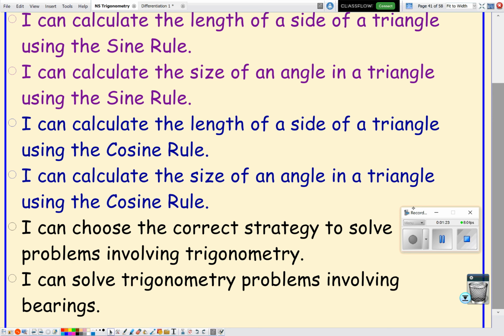The last bullet point is about solving trigonometry problems involving bearings. Now, the reason why I didn't want to do that as a video on its own is because you've already been developing that skill across all the exercises you've been doing already.